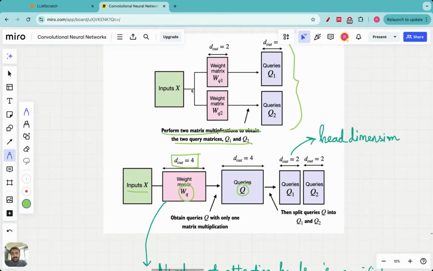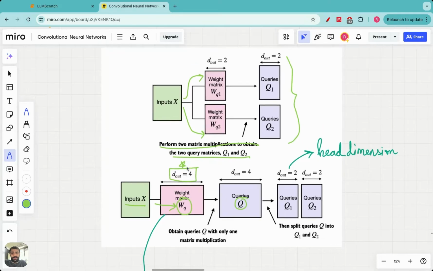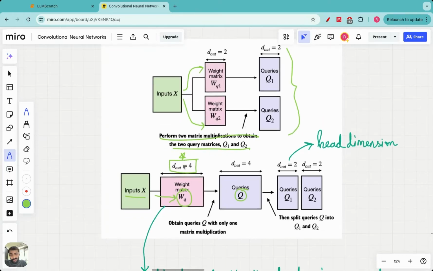So here you see the difference. In the previous case we multiplied x with wq1 and we multiplied x with wq2, but what if we multiply x with a wq, which is already a large matrix which consists of d out. So here you see the dimensions of this initial weight matrix are larger, and these dimensions already include the number of heads.